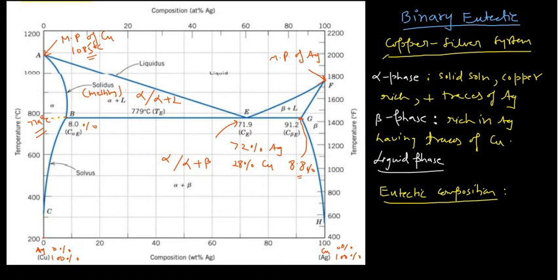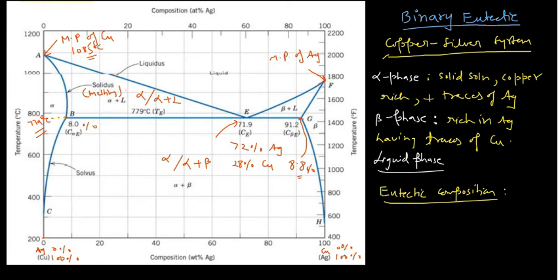If you keep adding silver to this copper, what will happen? The melting point of this system decreases. So it clearly concludes that on adding silver to the copper, the melting point of the copper is lowered. This is very, very important.